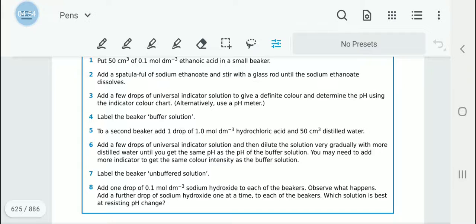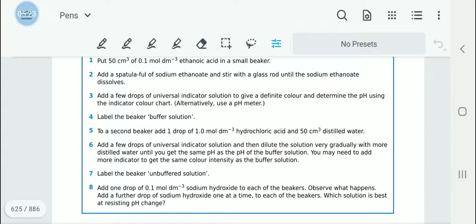To a second beaker, add a very small amount of hydrochloric acid and dilute it until it reaches the same pH as in the buffer solution. Label it as unbuffered solution.